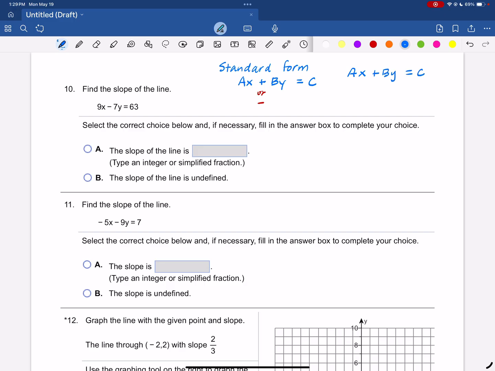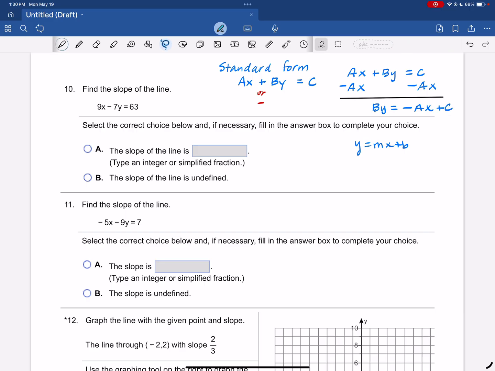I'm going to solve it for y, because remember, if I can get it into the y equals mx plus b form, I'm going to be able to find the slope very easily. So the first thing I'm going to do is subtract an ax from both sides. It's okay that it's not a number. It's still something that I can subtract because it's being added. That's going to give me by equals, and I'm going to put the negative ax in the front, plus c.